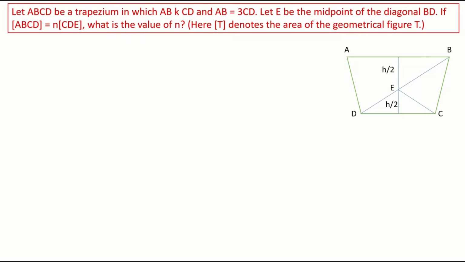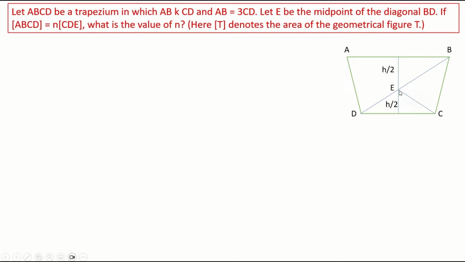This looks like an easier problem. Once you know the formula for the area of a trapezium as well as a triangle, this is very easy. Let's draw an altitude from AB to CD passing through E, so the height is h.